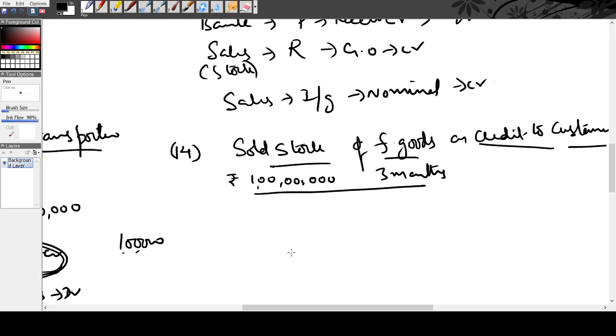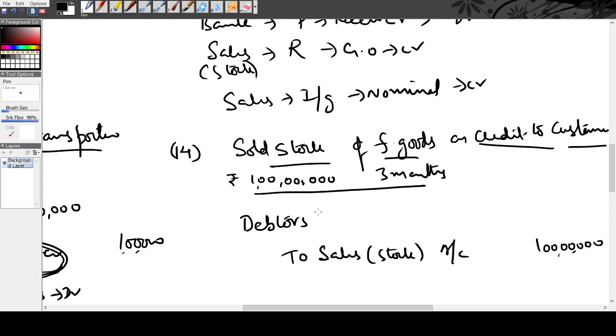So what is the entry I'll write here? First I'll recognize my income, sales, stock is going out, hence that account should be credited. The value of the stock which has gone out of the business is now 1 crore. This includes our profit also, and the money has to come from our customers, and in the accountancy language we call them as debtors.